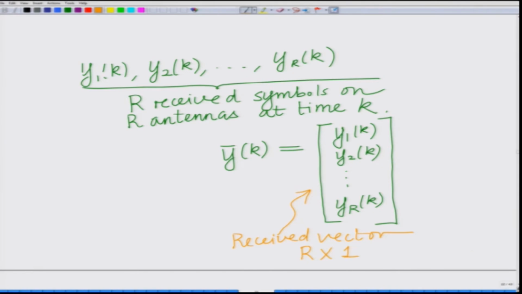This is r cross 1 dimensional. So, we have x bar k, which is the transmit vector, m dimensional, and an r cross 1 vector y bar k, which is r dimensional, the received vector.